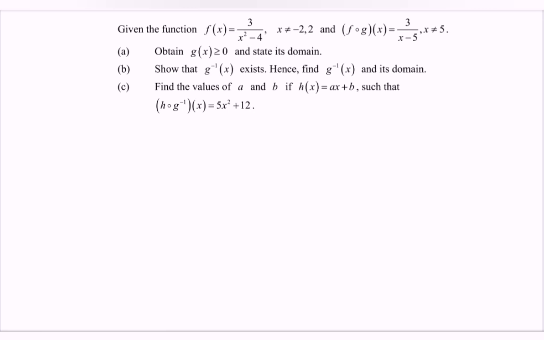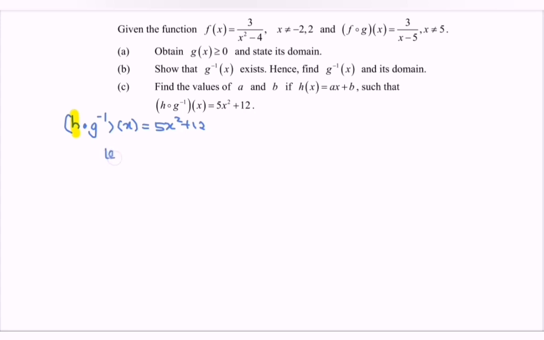Next refers to C. Find the values of a and b if h(x) equals ax plus b, such that h∘g inverse equals 5x squared plus 12. Now we are looking for the external function h(x). So kindly make use of the let situation.